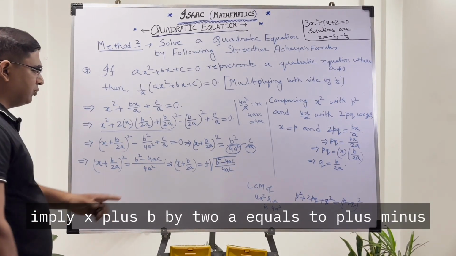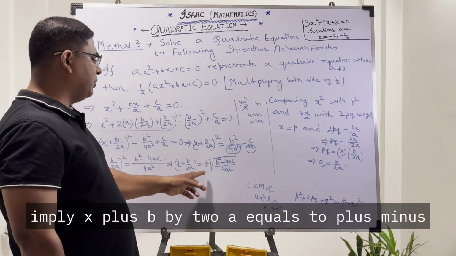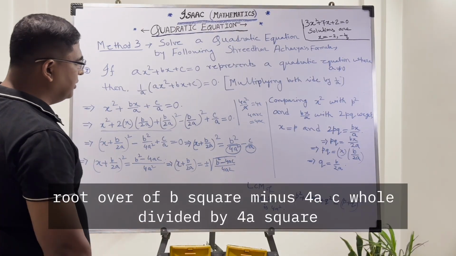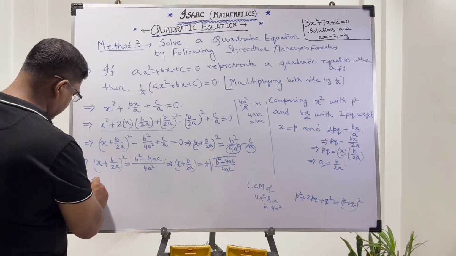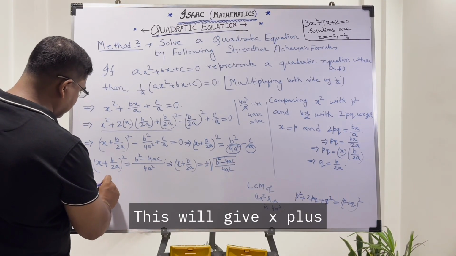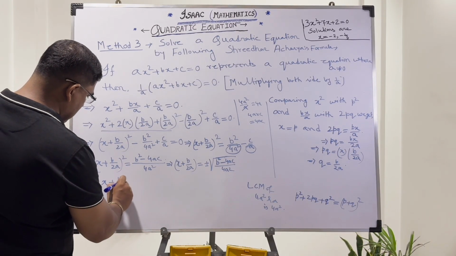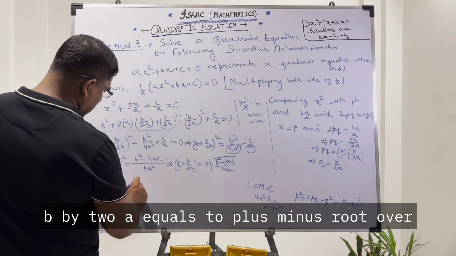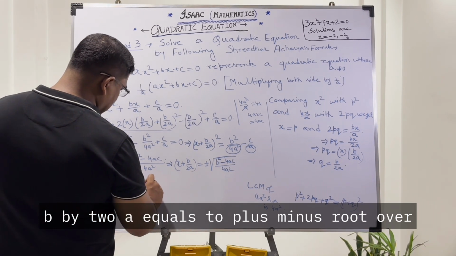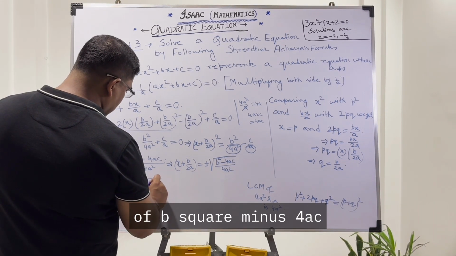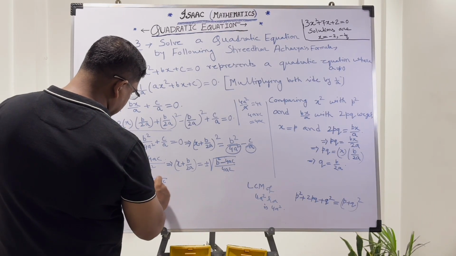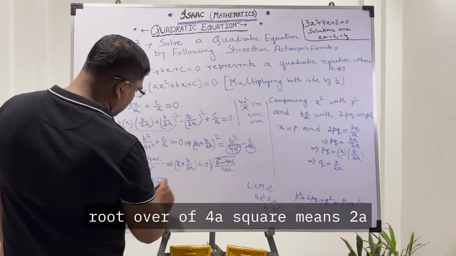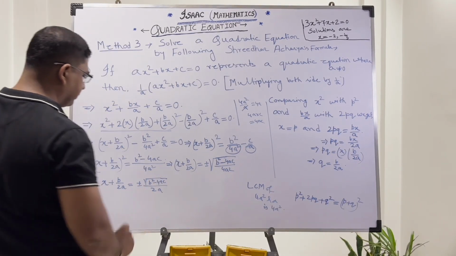This implies x plus b by 2a equals to plus minus root over of b square minus 4ac whole divided by 4a square. This will give x plus b by 2a equals to plus minus root over of b square minus 4ac by root over of 4a square, which means 2a.